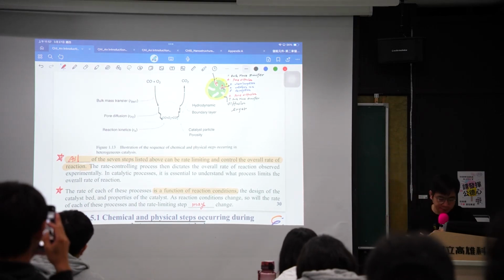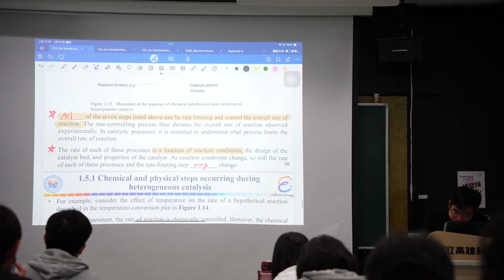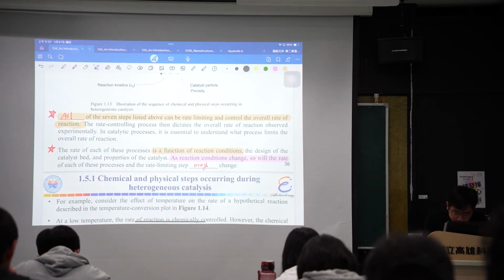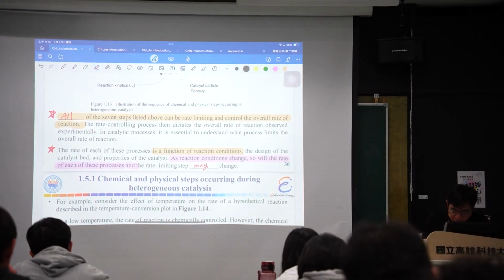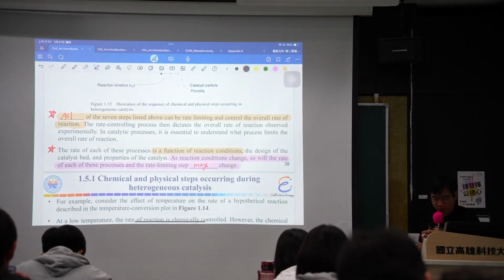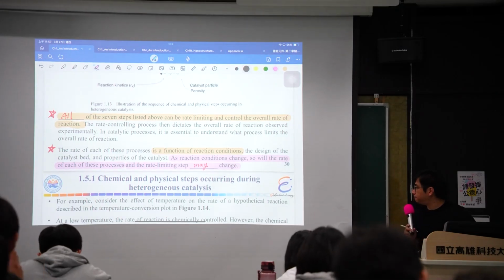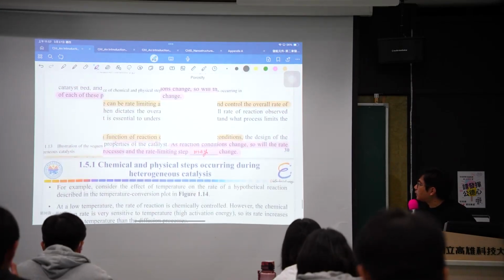Okay? Very important. As reaction conditions change, so will the rate of each of these processes, and the rate limiting step may change. Okay, so the following is given.